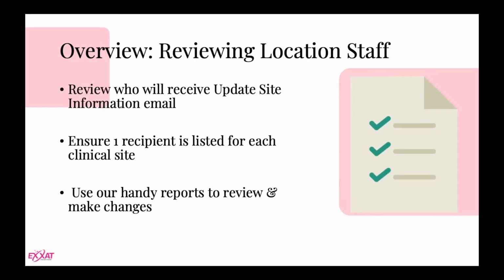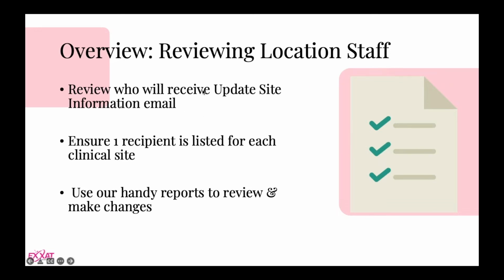Okay, so prior to sending out your March mailing, you're probably going to want to review who is going to receive both of these emails. So the update location information email and the March mailing use the same configuration of whether this person should receive the slot request.